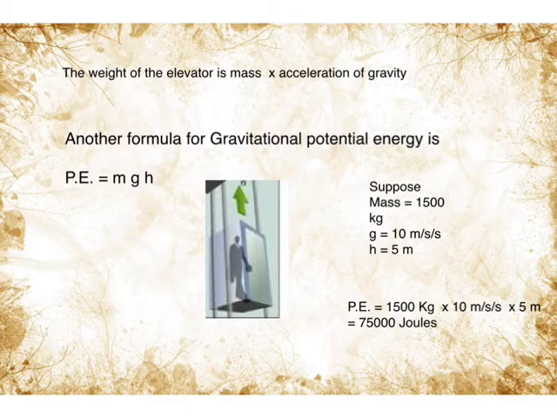And we're going to raise it 5 meters. Okay, so using this formula, the potential energy would equal 1,500 kilograms, the mass, times the acceleration of gravity, times the displacement. And that would be 75,000 joules. So that would be the amount of potential energy that this elevator has when it was raised 5 meters.